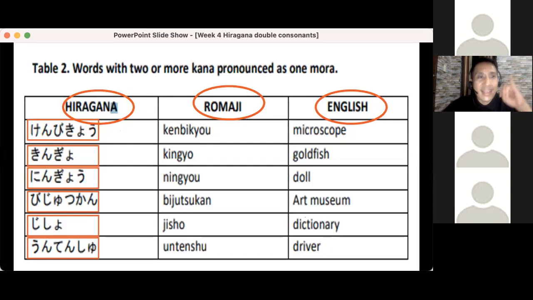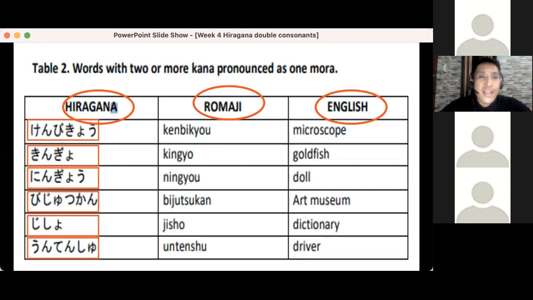Ke, n, bi, kyo, u. So may ilang kana? Meron tayong 6 na kana. Pero ilang tunog lang siya? Ke, n, bi, kyo, u. Kukonti na lang yung tunog, no? Kukonti na lang yung tunog kasi ke, n, bi, kyo, u.